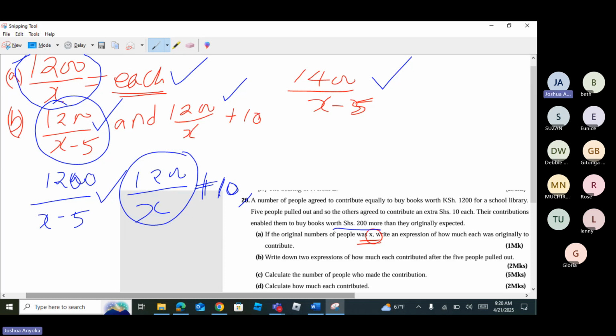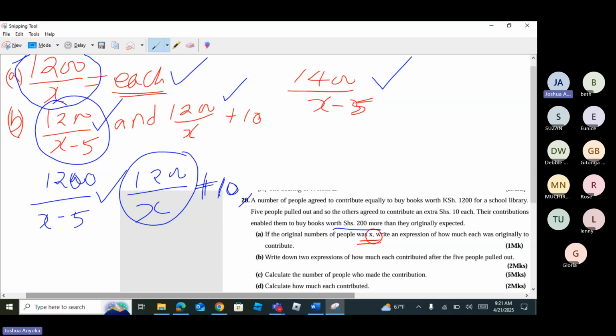Let us see whether it is making some sense. Okay, where is 1,400 coming from? Their contributions enabled them to buy books worth 200 shillings more than they originally expected. So it means the books that will increase, they will be worth 200 shillings. So 1,400 is justified.